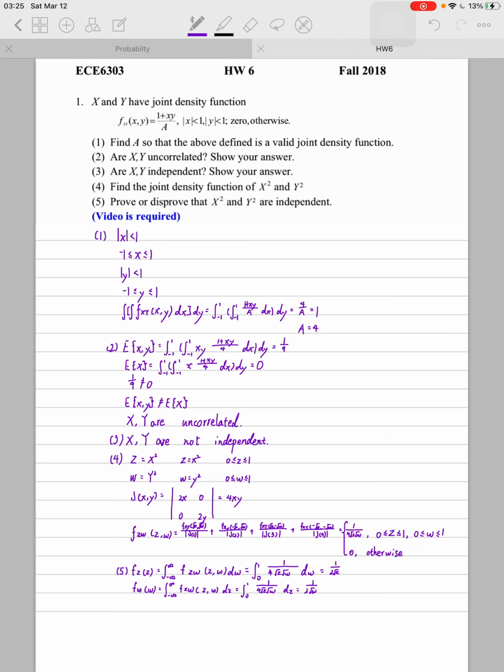For question 2, are X and Y uncorrelated? Show your answer. So we can get E[XY] equals the integral from negative 1 to 1 of the integral from negative 1 to 1 of xy times (1 plus xy over 4) dx dy, which equals 1 over 9.